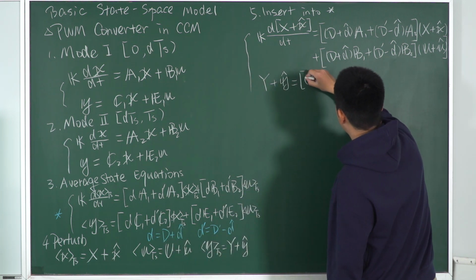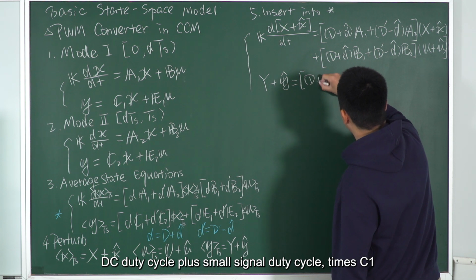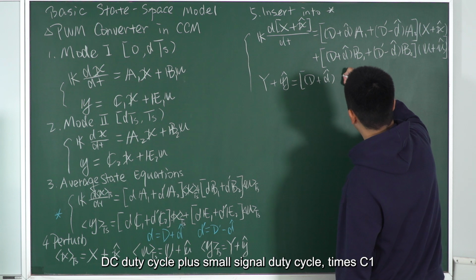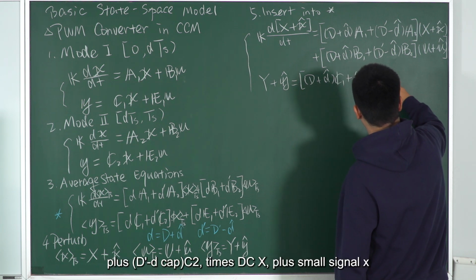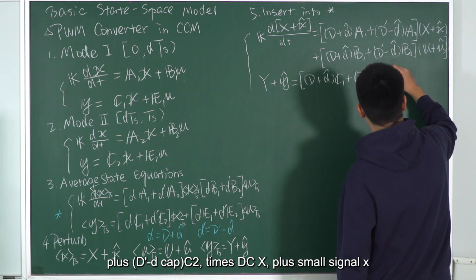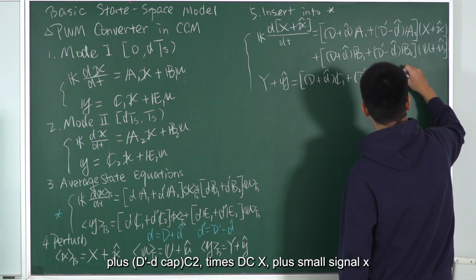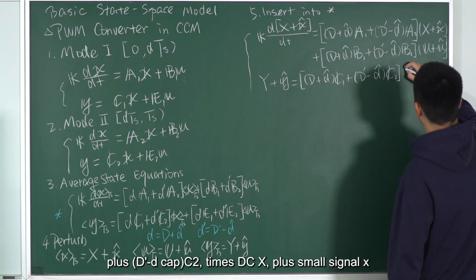So DC duty cycle plus small signal duty cycle times C1 plus d prime minus d cap C2 times DCX plus small signal X.